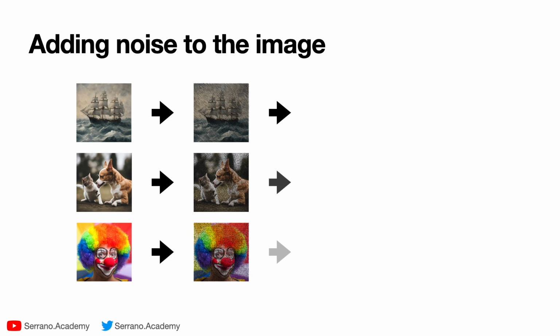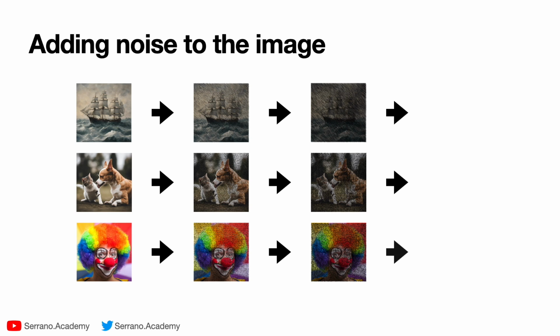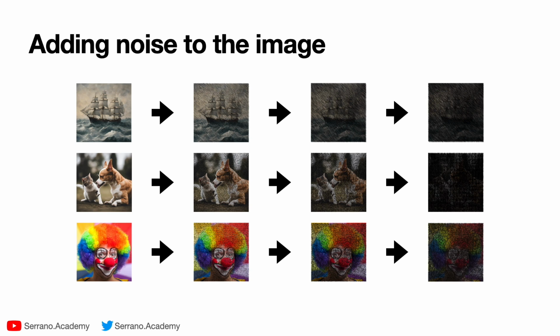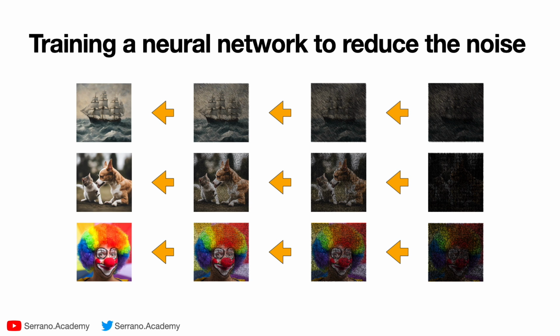And then we're going to do the same thing again, and again, and again, until we get pretty much full noise. And then we are going to train a neural network to go in the other direction. So it's going to take each one of the noisy images as input and return the previous one in the chain.